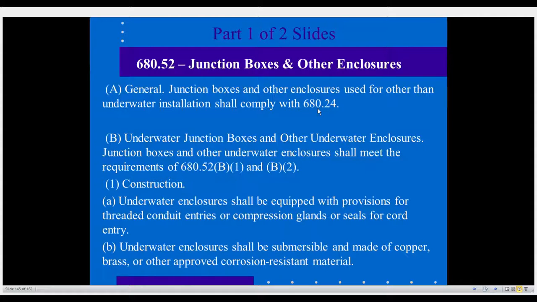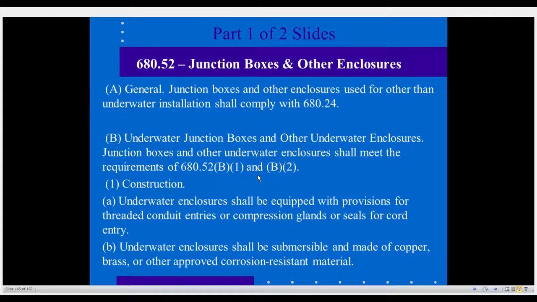If you have an issue with a junction box above the water line that you're dealing with on a fountain, then you've got some requirements here that you have to meet. Now, what about underwater junction boxes or other underwater enclosures? It says junction boxes and other underwater enclosures shall meet the requirements of 680.52(B)(1) and (B)(2). All right? So we've got to meet those requirements of both (B)(1) and (B)(2).